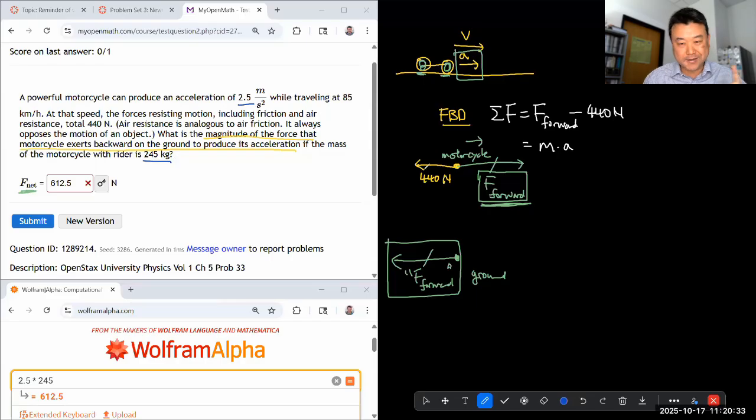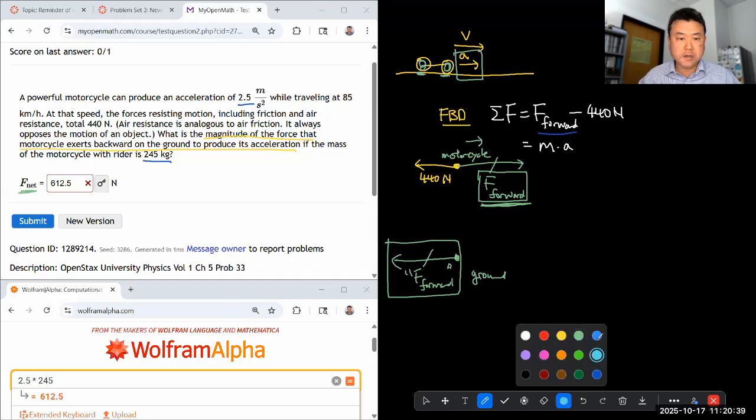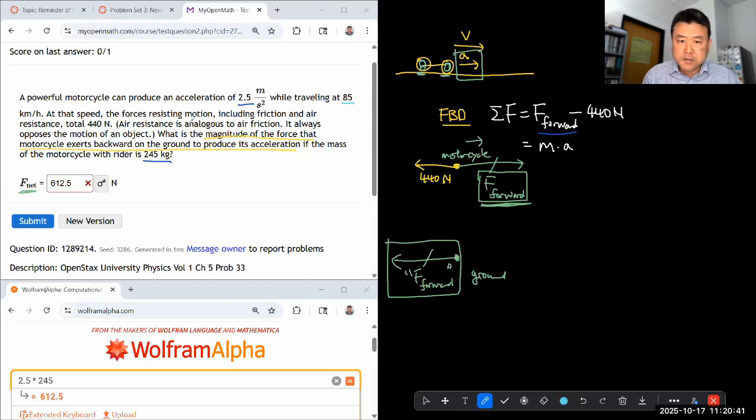So I think I have everything. I can just solve for the forward force here. Even though they gave us the speed, I don't think I need it, so I'll just ignore it. Sometimes we give you extra information to confuse you. Sometimes people just randomly combine numbers to try to guess at an answer.